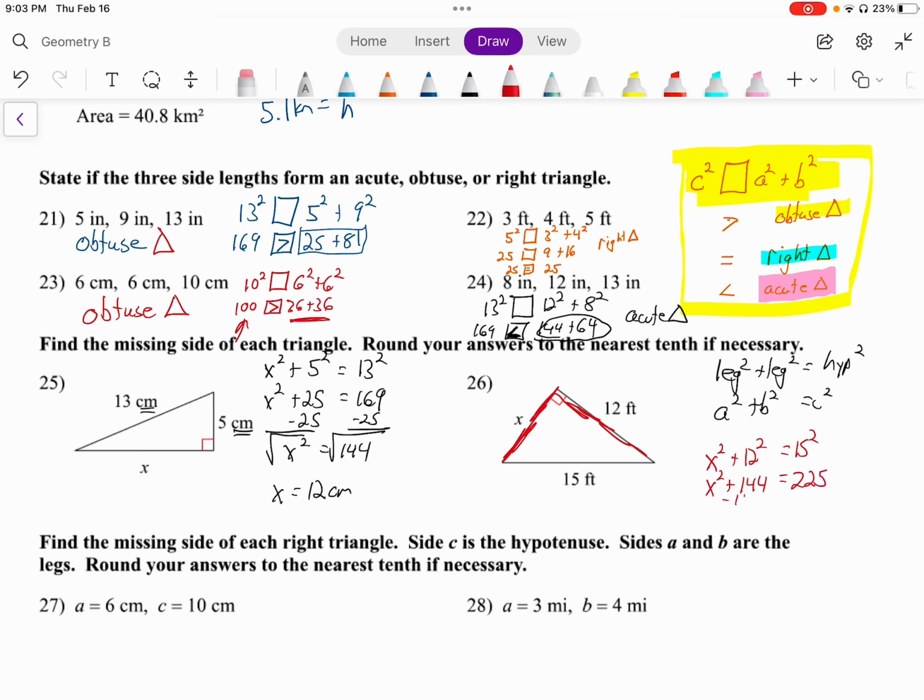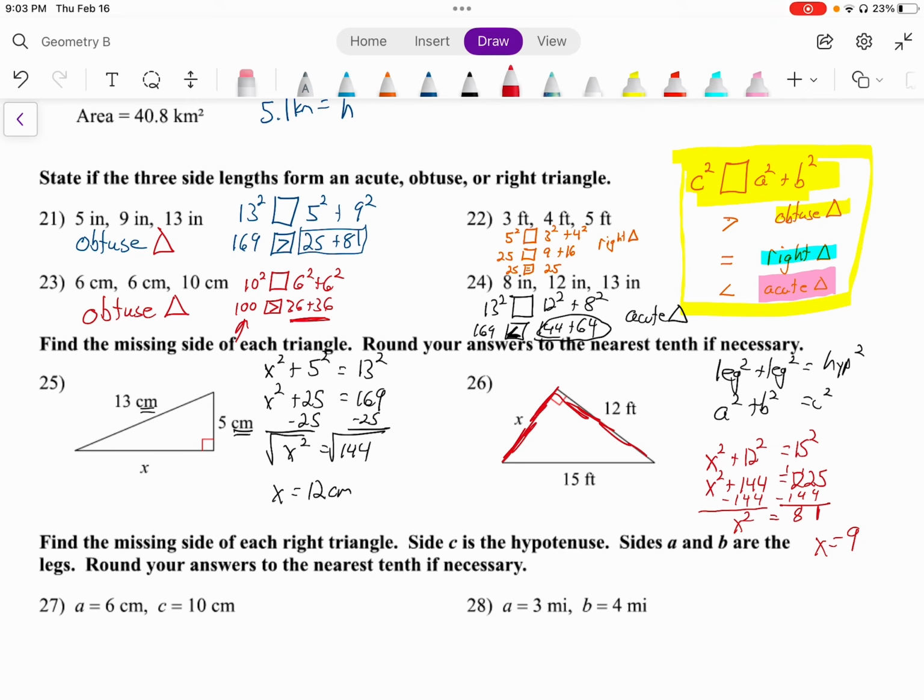We subtract 144 from both sides, and we get x squared equals 81. Well, take the square root of both sides, and we get x is equal to 9.